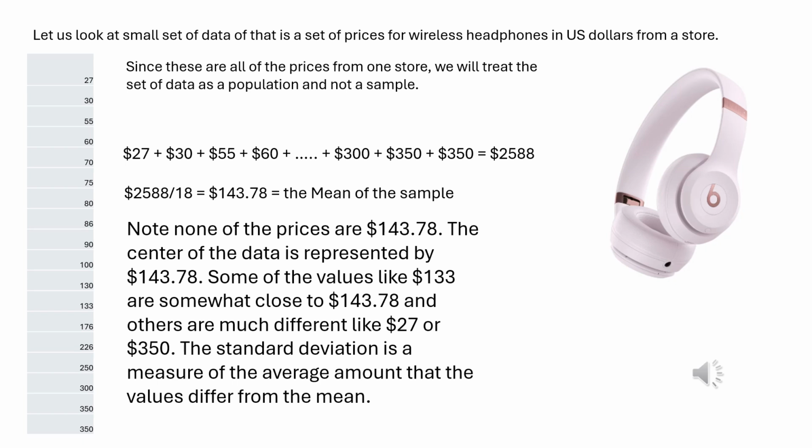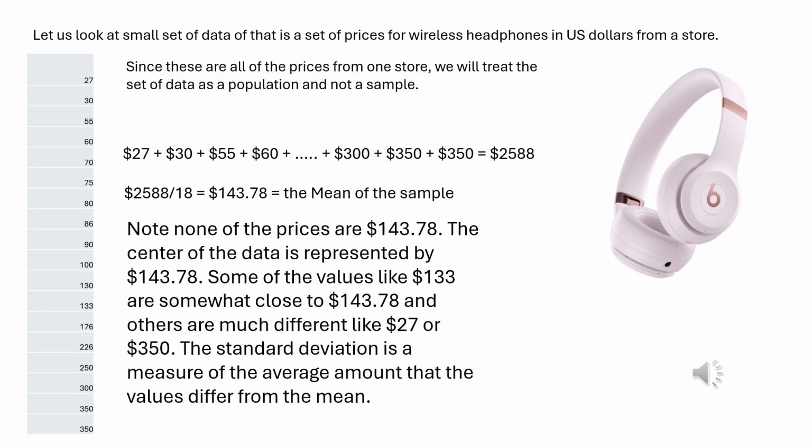The mean is the average, or the sum of all of the values divided by the number of values that were in the set. We have 18 prices, ranging from a low of $27 to a high of $350. If we add all 18 prices, we get a total sum of $2,588.